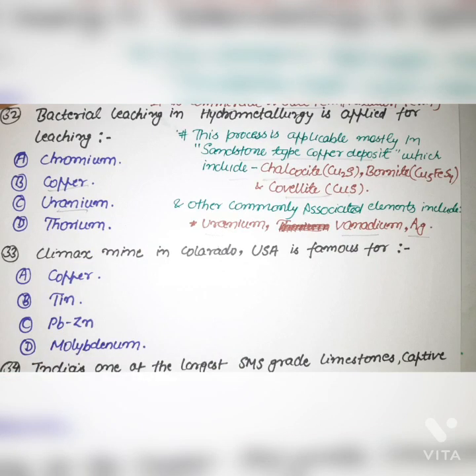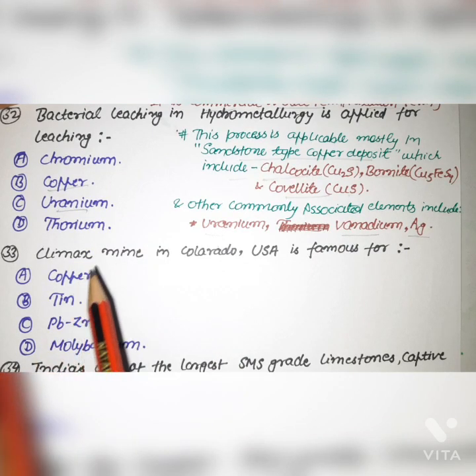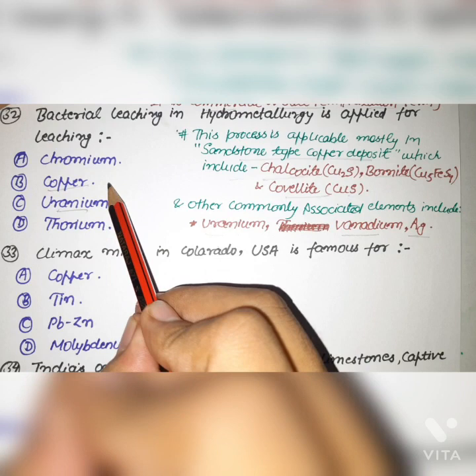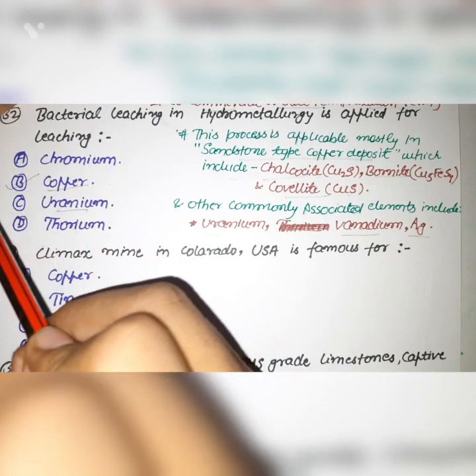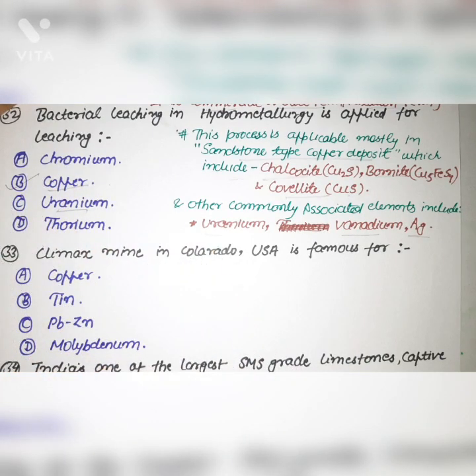But if you consider the most appropriate answer, then the correct answer will be copper. Why? Because the bacterial role via production of H2S and sulfuric acid has been instrumental in developing oxidation and supergene sulfide deposits.